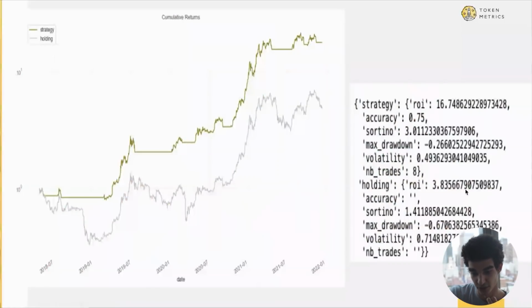Now, instead of doing a 4x for holding, you do 16. Accuracy of trades, although we only have 8 trades, so it's not very significant, but still pretty accurate. And max drawdown is only 26%, and we've probably been somewhere here or here, compared to a max drawdown of 67% for Bitcoin. So that's a pretty good risk management tool or a trading strategy.